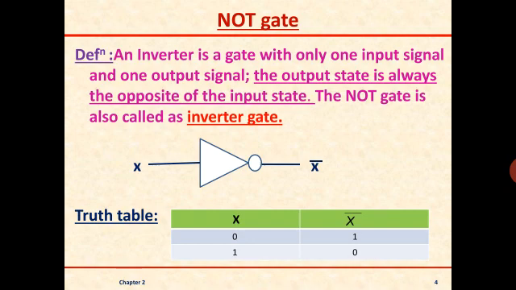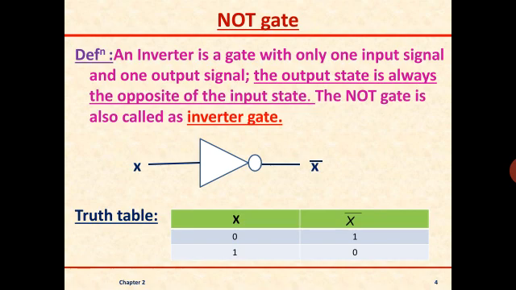Hence it is called an inverter gate. This diagram is called the logic diagram of the NOT gate. Students, you have to learn this diagram by heart as well as the truth table.